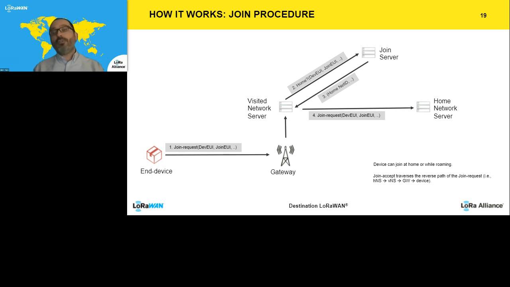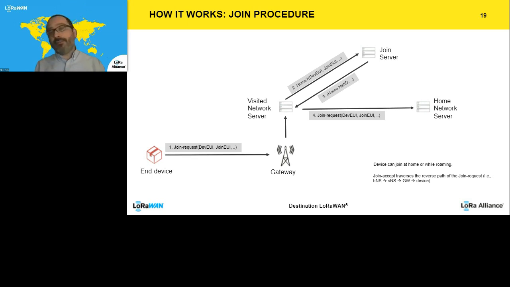And upon discovering the home network, it sends this join request all the way to the home network. That's how the home network receives the join request, and the join answer traverses the same exact path in the reverse direction from the home network to the visited network to the gateway serving the device, down to the device itself.